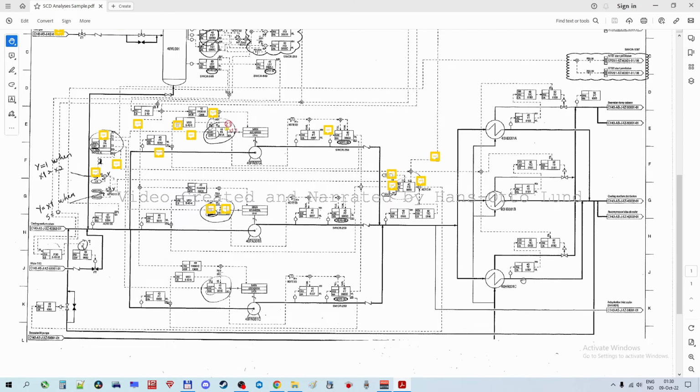Same goes if the temperature is too high here. Use this valve here to open it more, to give more flow of seawater through this to cool the whole thing here, so you'll get a lower temperature here.